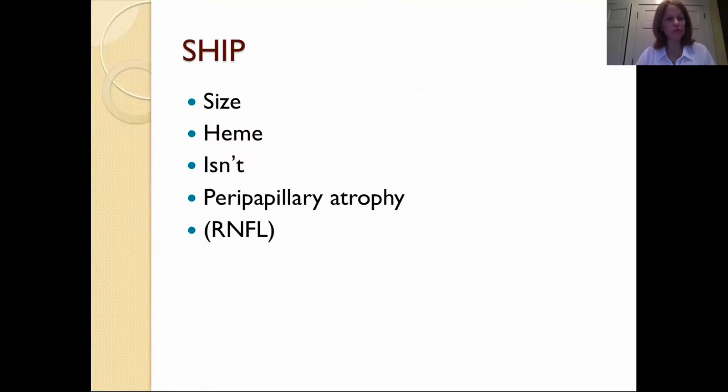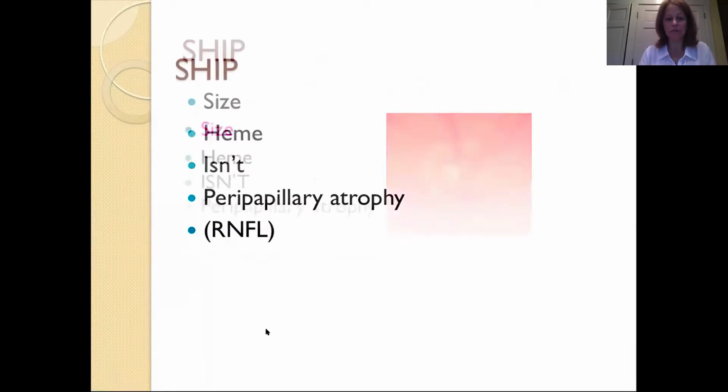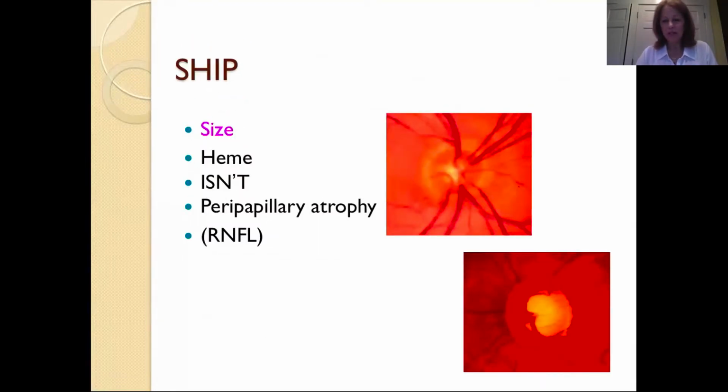Again, these are the things we want to look for: size, disc hemorrhages, the rim tissue, and I always use that abbreviation as the ISNT rule, but just rim tissue and how robust it is in different places, peripapillary atrophy, and maybe even as a bonus, retinal nerve fiber layer. So let's look at these eyes. Let's look at size. Here comes my light from my ophthalmoscope.